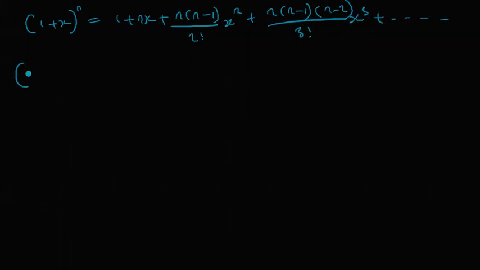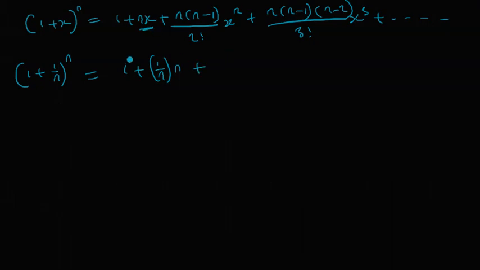So we're going to expand (1 plus 1 over n) to the power of n. Now this is the case where x is equal to 1 over n and n takes the value of n. So in this case we have 1 plus n multiplied by 1 over n as the first line shows.